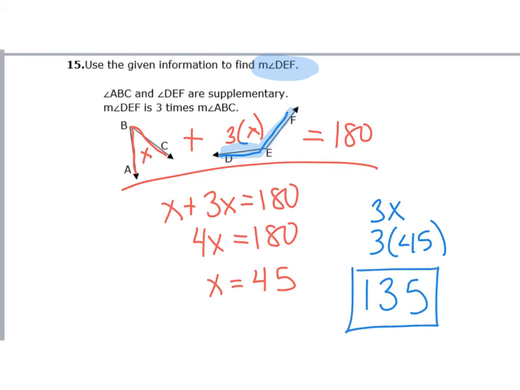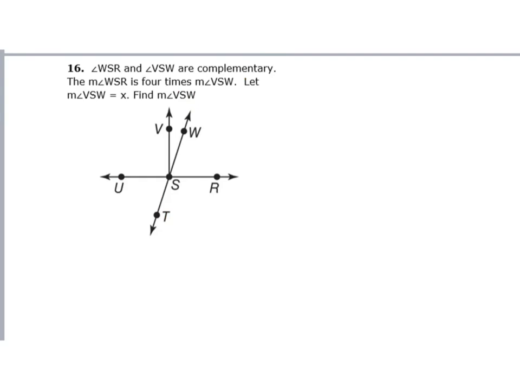All right, number 16. WSR and VSW are complementary. So WSR, this angle here, and VSW are complementary. That means if I add them together, they equal 90, right? Complementary 90. Okay?